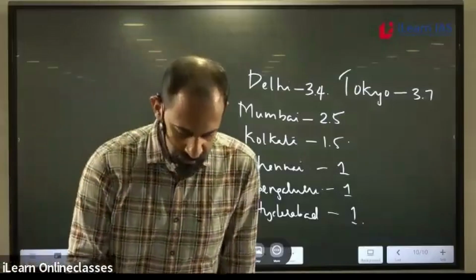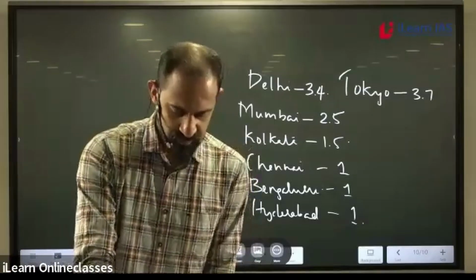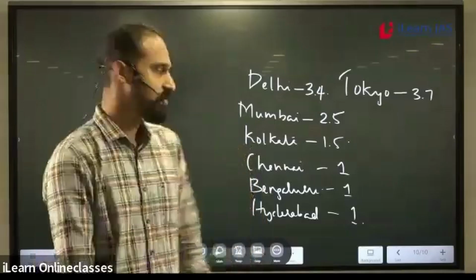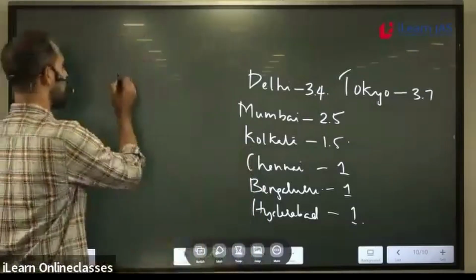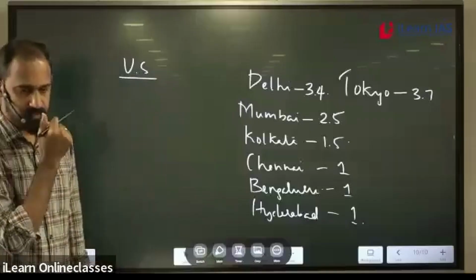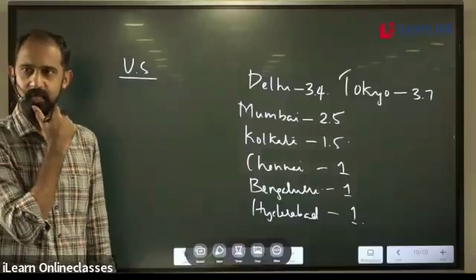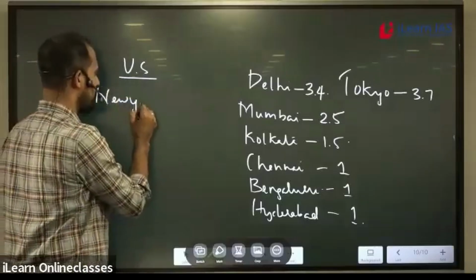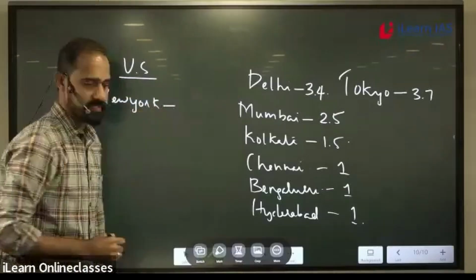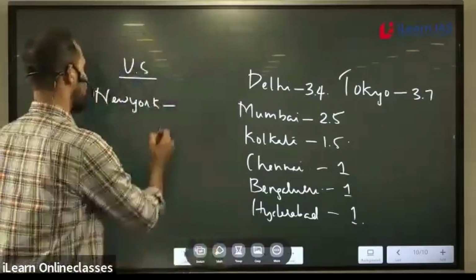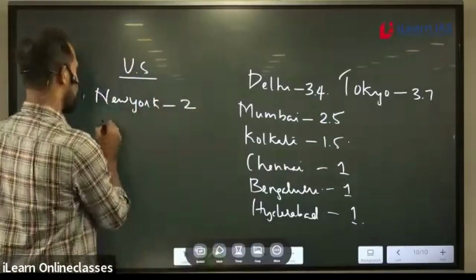Now, one classic example where we consider that this theory is applicable is the US. Okay, so in the US we say that this theory is applicable, because which is the largest city of the US in terms of population? New York. New York has a population of around 2 crore, and which is the second largest city?